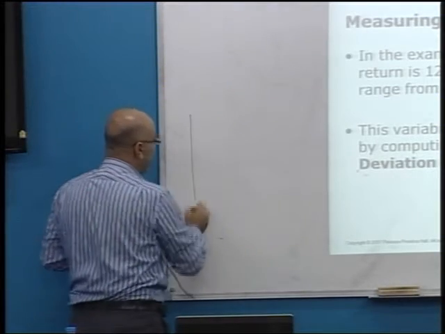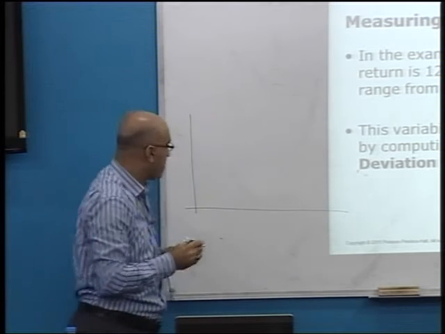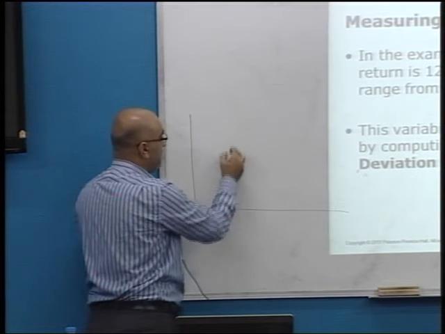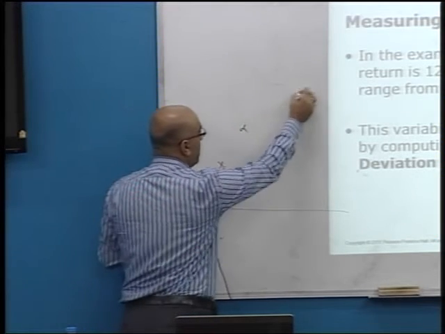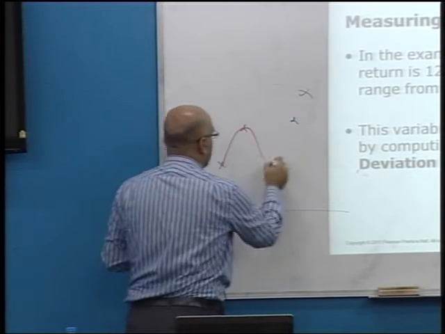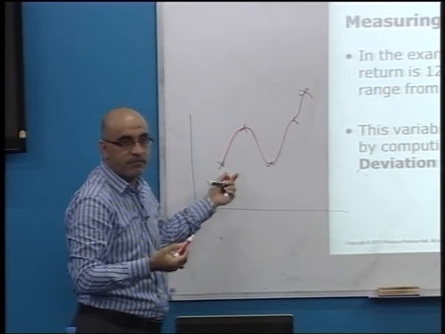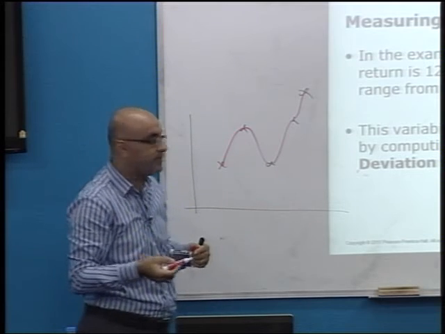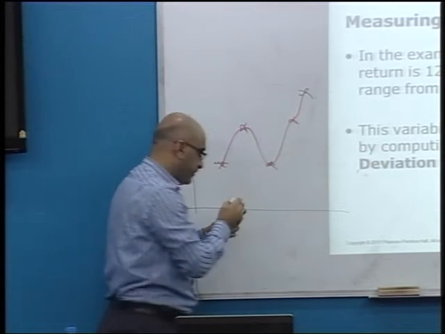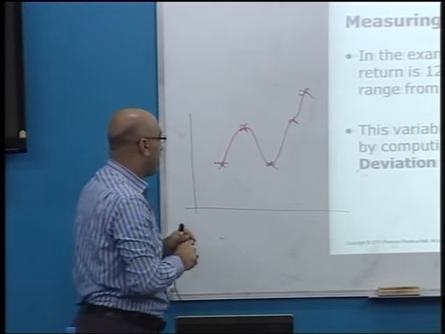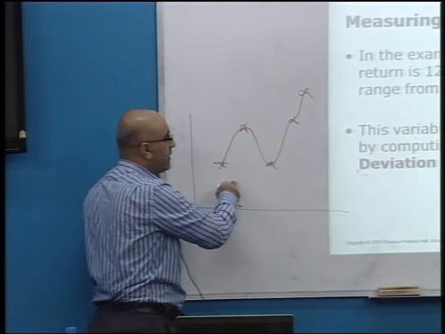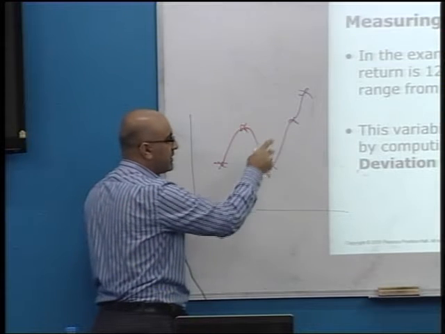Let's go back to our example. If we observe the price of a particular share, this price is fluctuating, starting from this point to this point, and so on. As you observe in this chart, the chart is fluctuating.